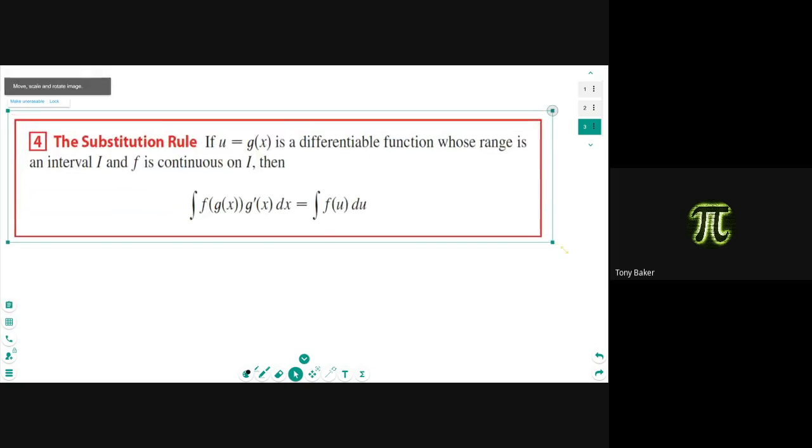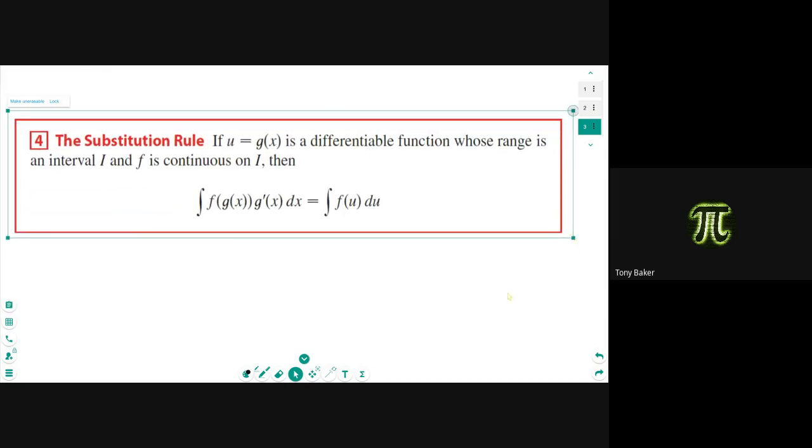So here's the substitution rule. There are a couple rules. The u has to be differentiable. And the range has to be continuous with what was there. 99% of the problems that you're going to do will fall into this and will be fine.